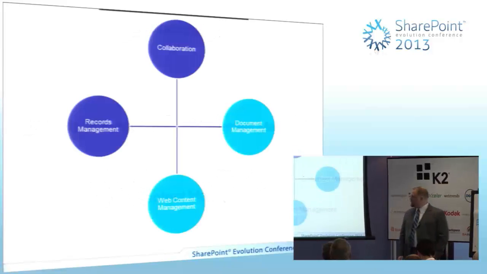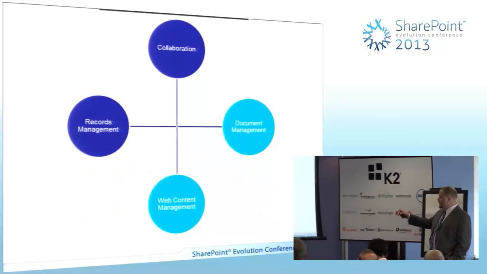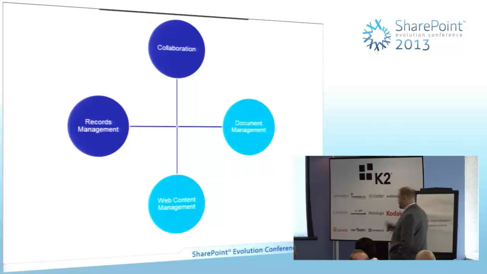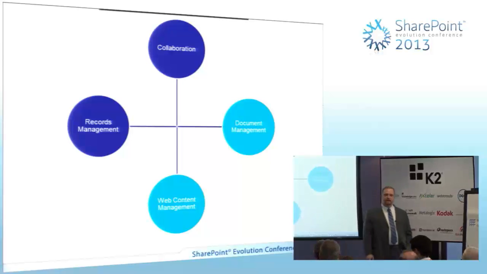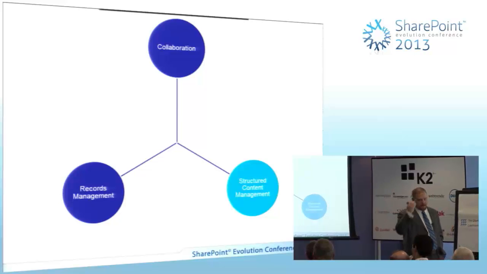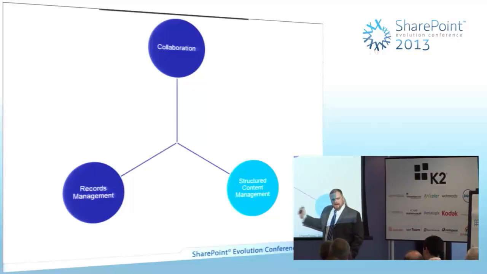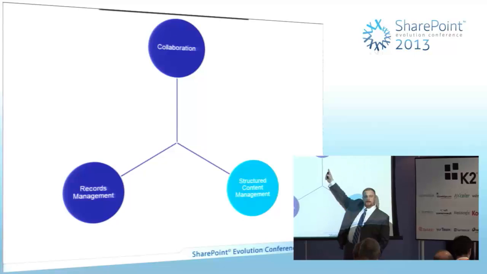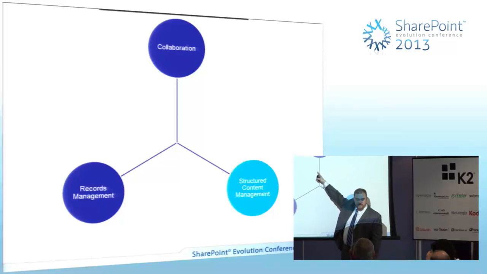So, I got a couple of interesting little animations up here. Collaboration, records management, document management, and web content management. But the reality is that these two are really consolidated. They could really be consolidated into structured content management, right? So, let me label these differently. Unstructured, uncompliant, unmanaged, but productive.